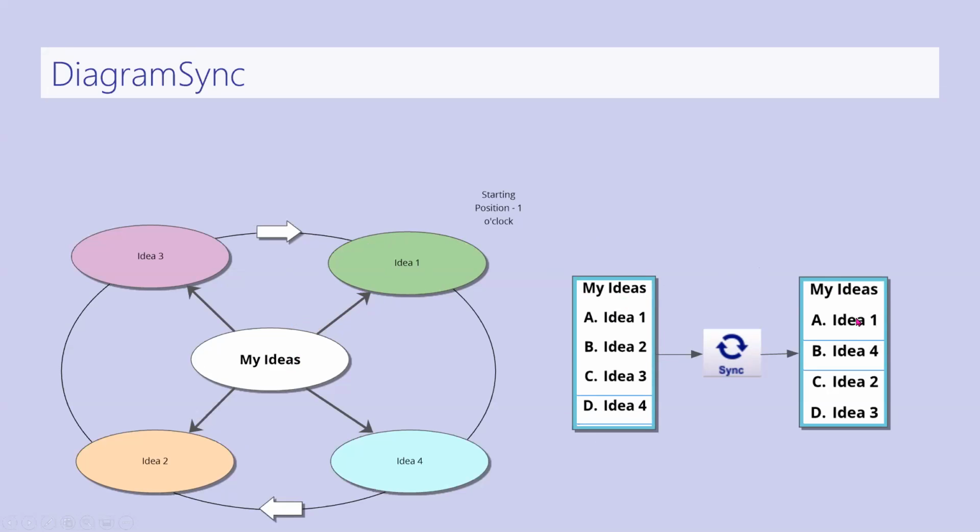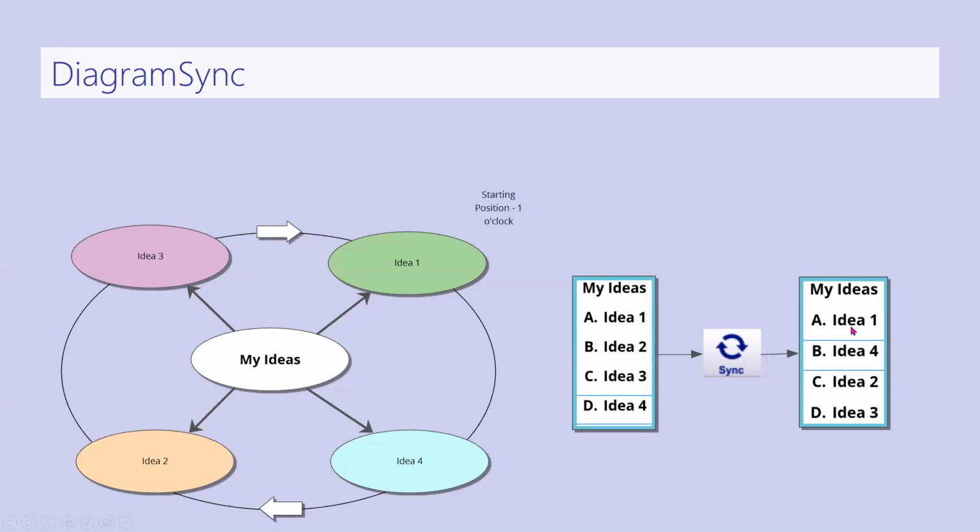When they click it, the outline will change to idea 1, idea 4, idea 2, and idea 3. So hopefully, as I talk through this, it will start to make sense, and it will make even more sense when I actually show you this in action. But what I'm trying to do here is explain how Inspiration looks at each part of a diagram, works out how that diagram is laid out, and then applies rules if a student wants to use a visual approach to order their thinking when they move over to the outline view.